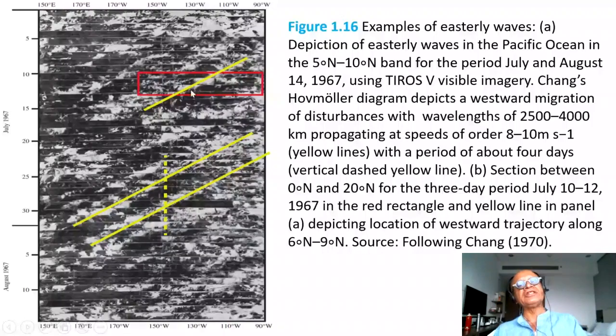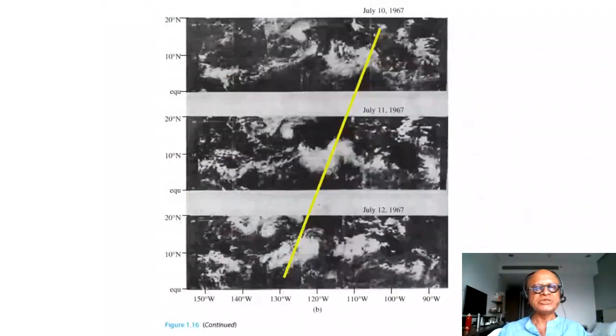But when we look at El Nino later on, we'll see that the ocean also has waves, and there are modulations of the waves by other waves. So you can see that this is now not so much a Hofmöller diagram, but looking at snapshots for July 10, 11 and 12 and trying to link the propagation of that particular feature with this phase speed indicated by the yellow line.